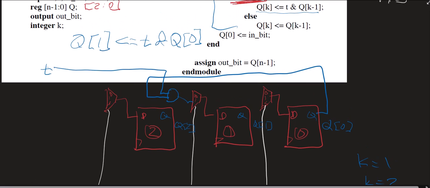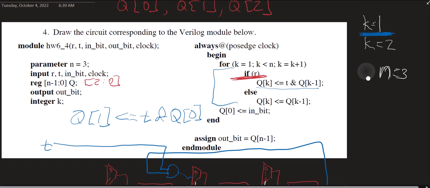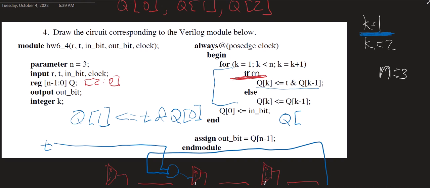Now, we took care of K equals 1, now we'll do K equals 2. If K equals 2, then Q of 2 becomes Q of 2 minus 1, Q of 1.